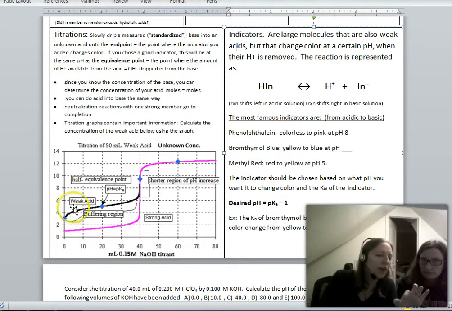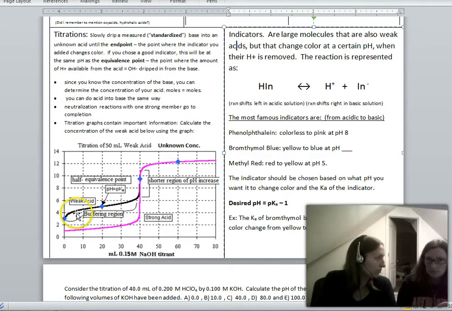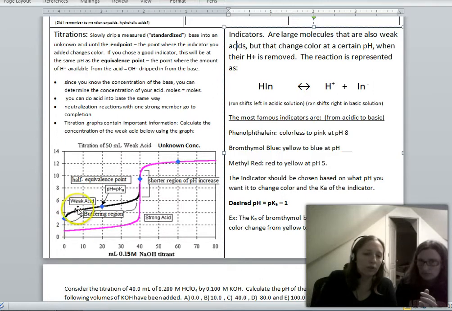It starts higher up. Down here with a strong acid, you start at like 1 or 0 or something like really low. With a weak acid, you're starting at like 3 or 4, something like that. It's not as acidic. It's weak. So you start at 3 or 4, and then you go along, and the change is more gradual. And you have a nice region here where the pH is changing nice and slowly.